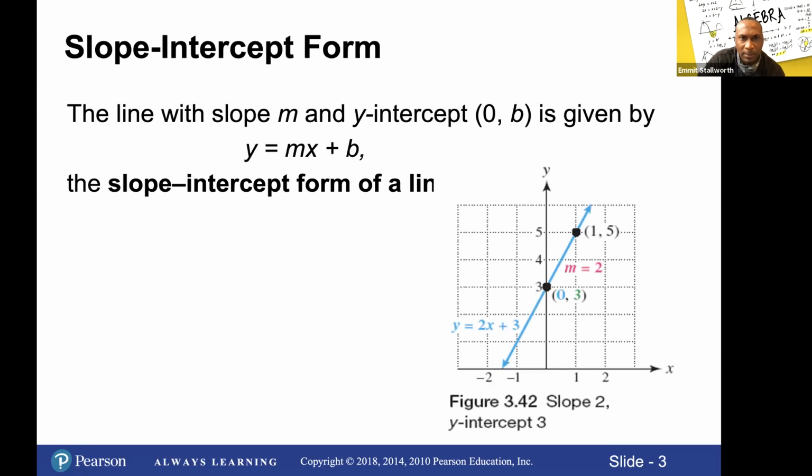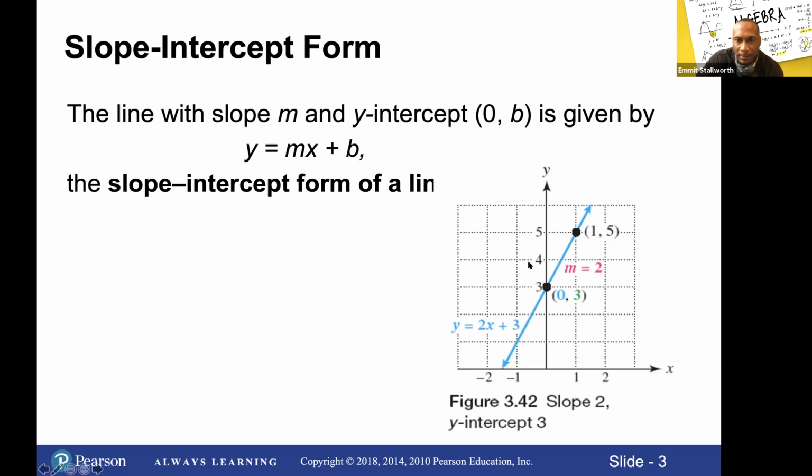The slope of a line, m, and the y-intercept, which we usually call b, is given by y is equal to mx plus b. This is the form that everything needs to be in, because if it's in y equals mx plus b form, we can easily pick out the slope and we can easily pick out the y-intercept. So this right here is the slope intercept form of a line.